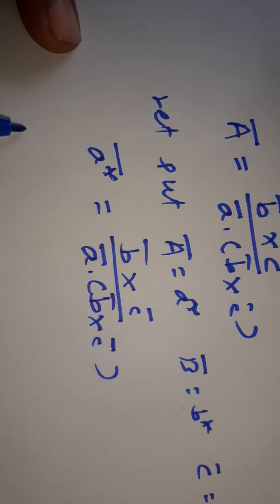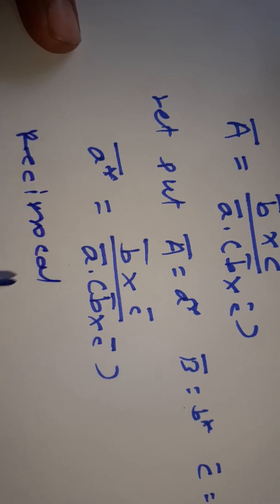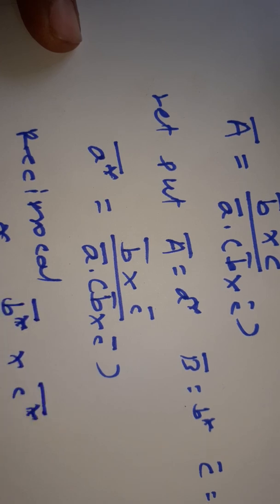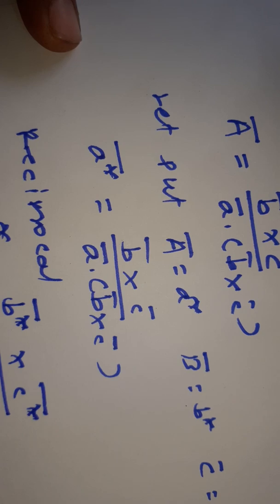So if you take the reciprocal of the above equation, we got the B reciprocal into C complex divided by A complex B bar cross C bar.